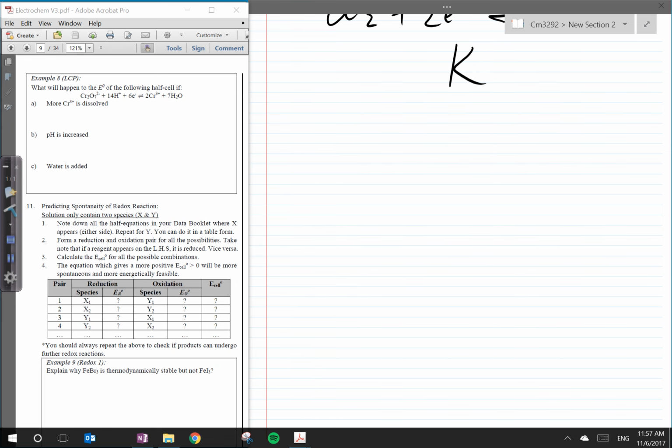Can I say that if I add water, right hand side got 7 water, so water increases, position of equilibrium shifts right, and then E naught increases? Can I say that? Is it correct or is it wrong?